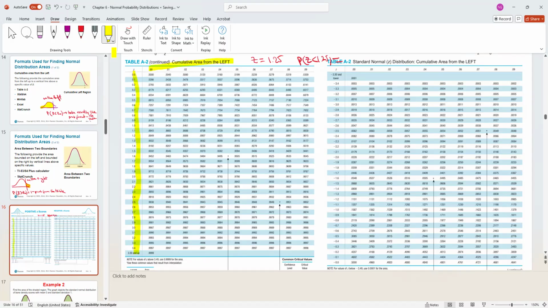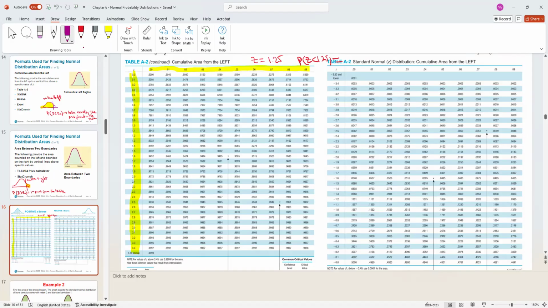Okay, so we have Z like this. Those are the positive. When I'm looking for 1.25, if you look at the first column, we don't have 1.25.